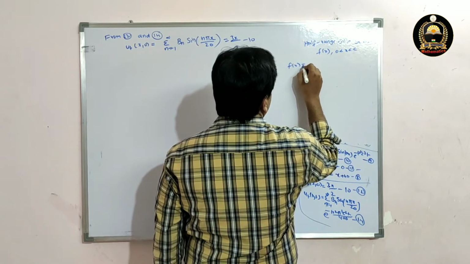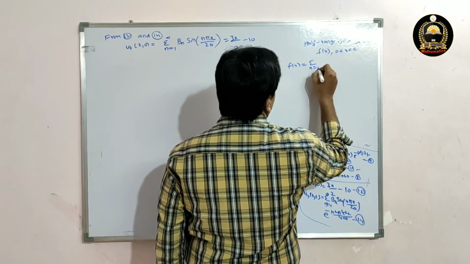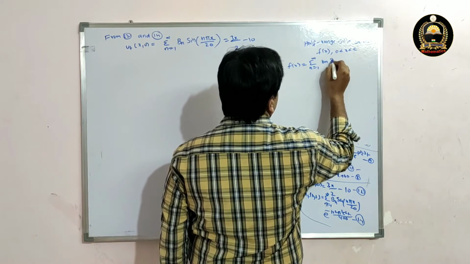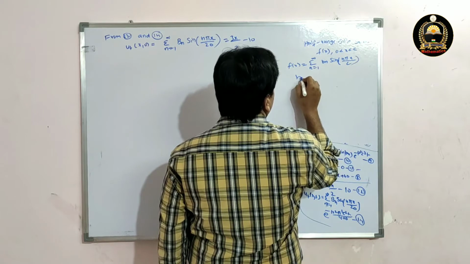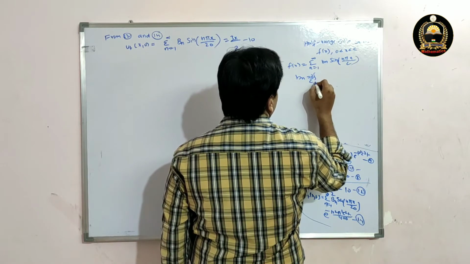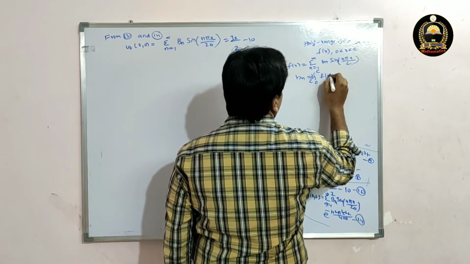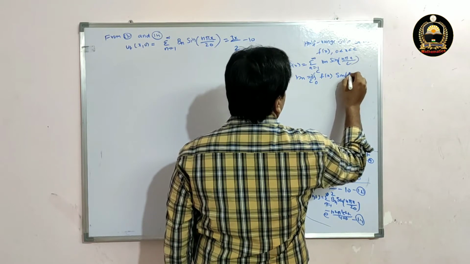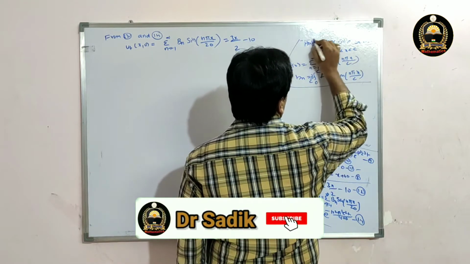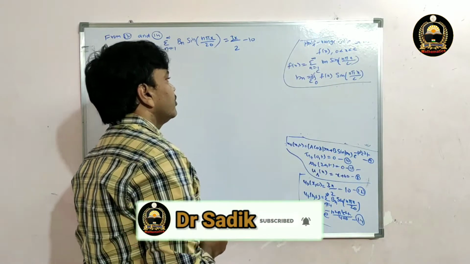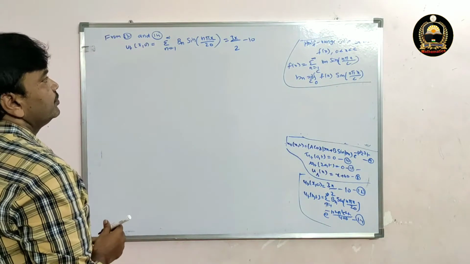So f of x is equal to sigma n is equal to 1 to infinity bn sin n pi x by c. How can you find the bn value? It is 2 by c integral 0 to c f of x sin n pi x by c. This is the formula, students.